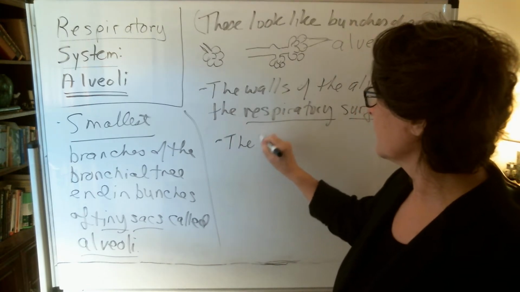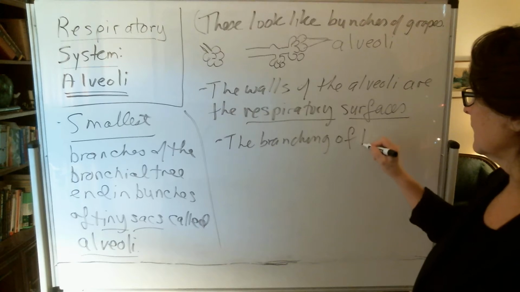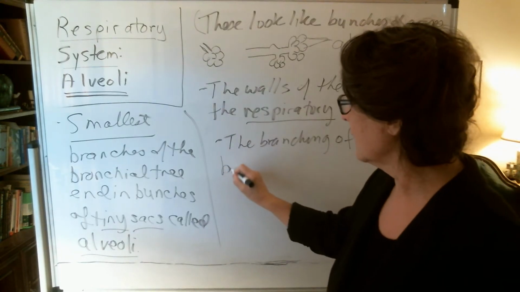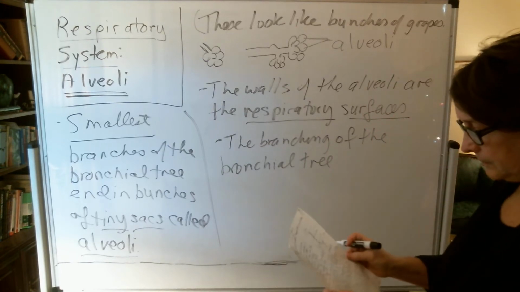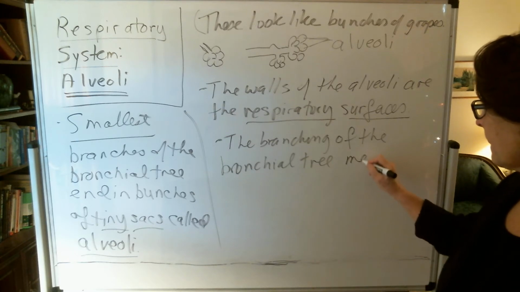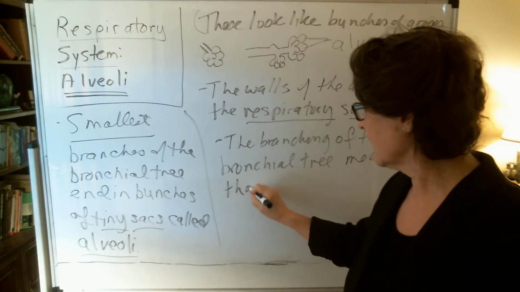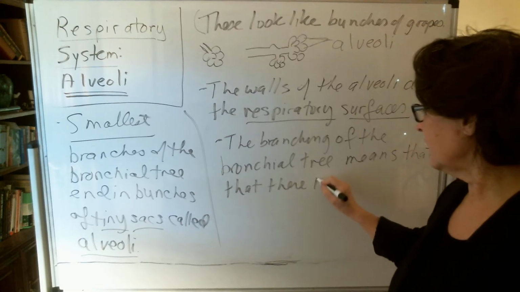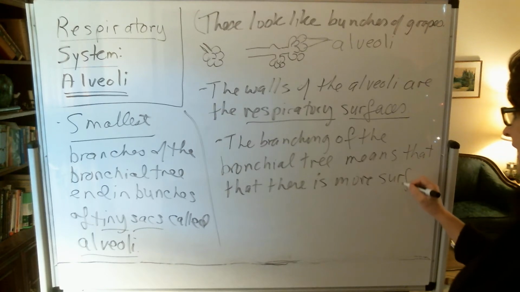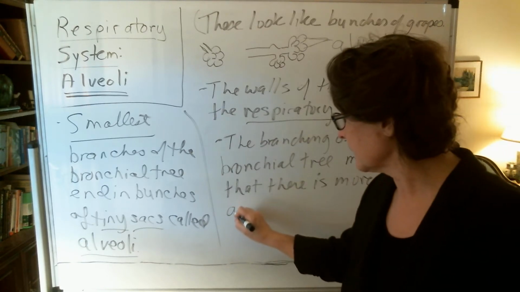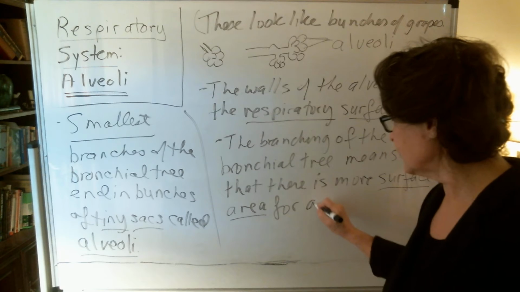So the branching of the bronchial tree means that there is, once again, more surface area for gas exchange.